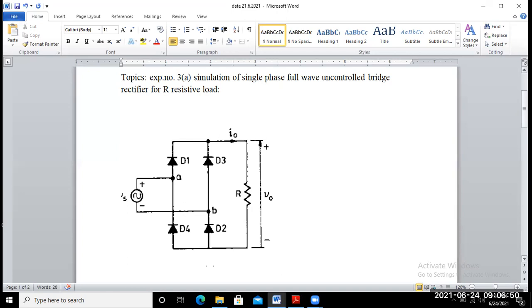So this is basically the difference between the single phase half wave and single phase full wave rectifier.